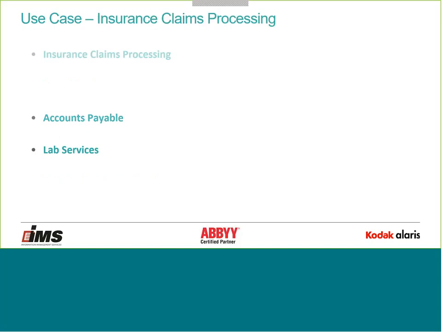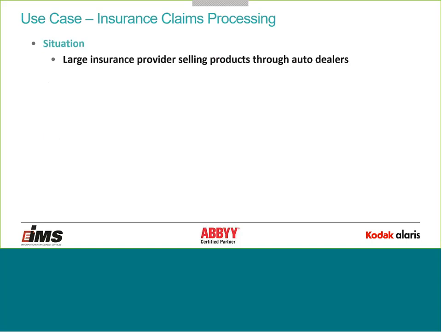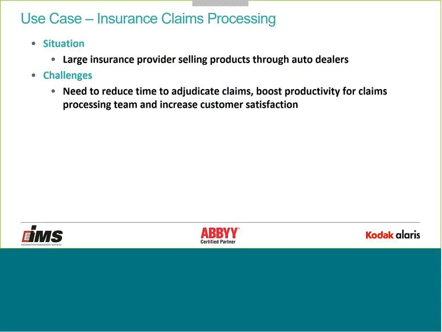So starting off with the insurance claims processing application, an example in this case is a very large insurance provider that sells their product through various auto dealers. So they're selling automobile insurance policies direct through the car dealer, and as a result, this insurance company is getting a large growth in their business, but there's an amount of paperwork coming in from those auto dealers.